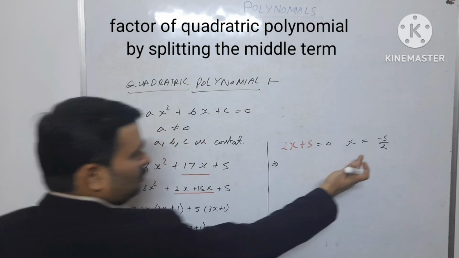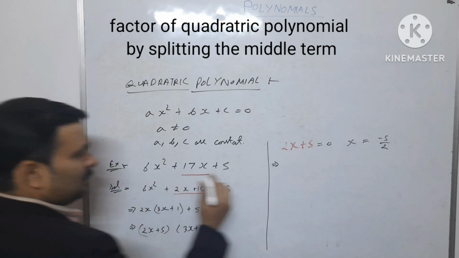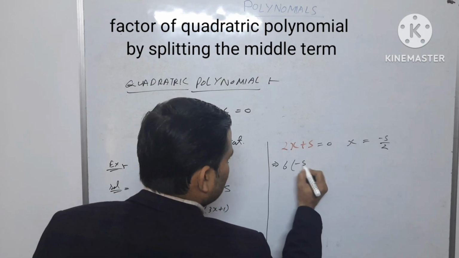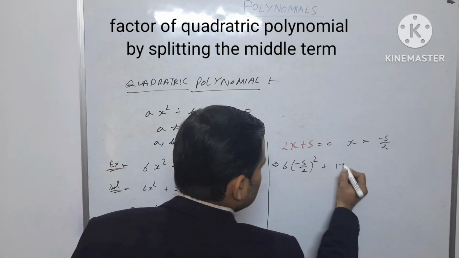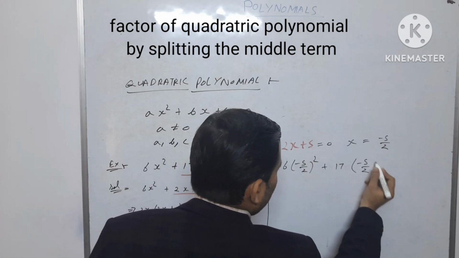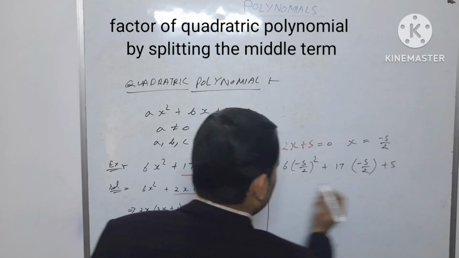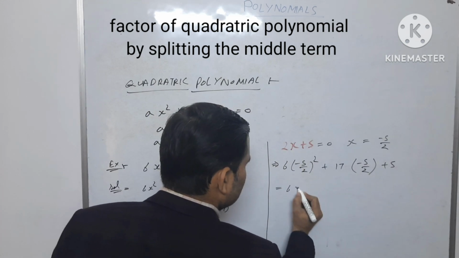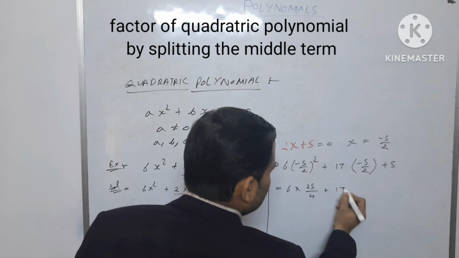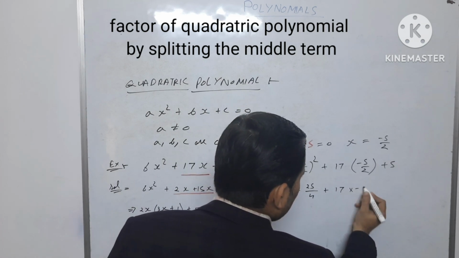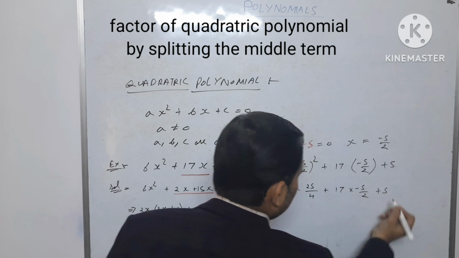After putting x is equal to minus 5 by 2, we get 6 times minus 5 by 2 square plus 17 times minus 5 by 2 plus 5. What will we get? 6 times 25 upon 4 plus 17 into minus 5 by 2 plus 5.